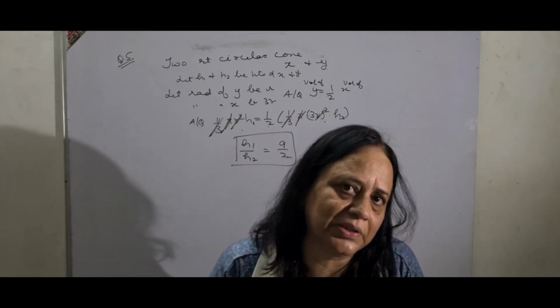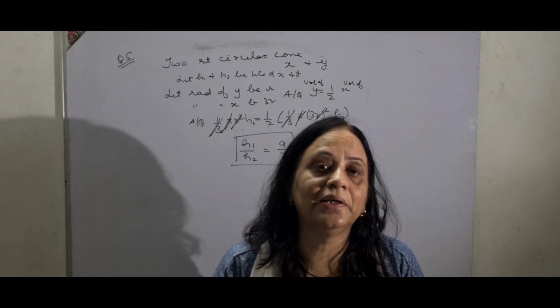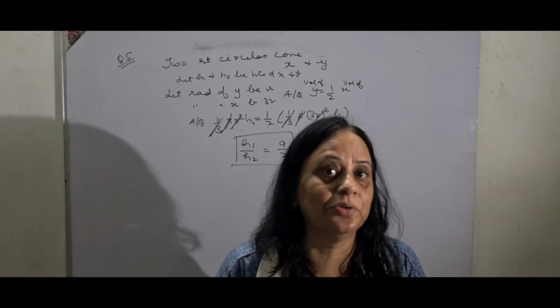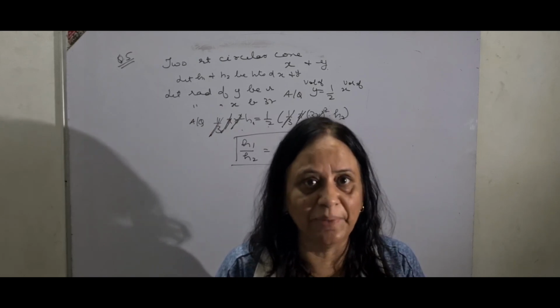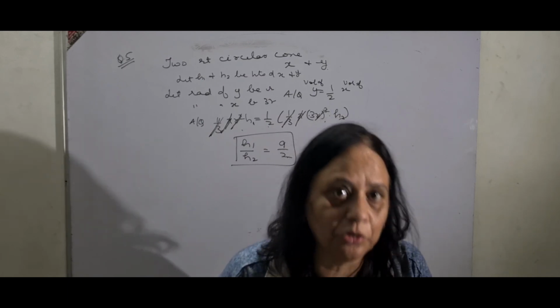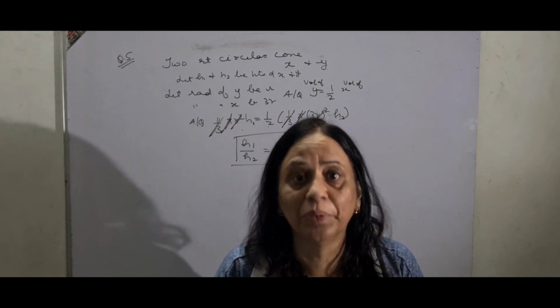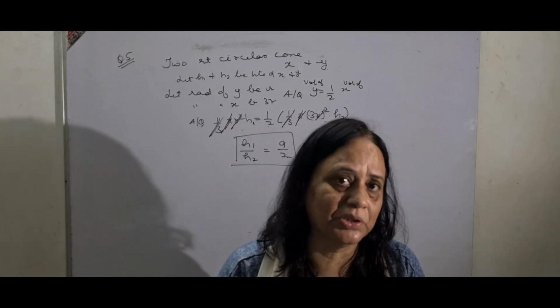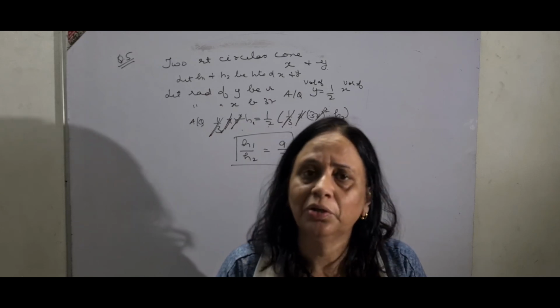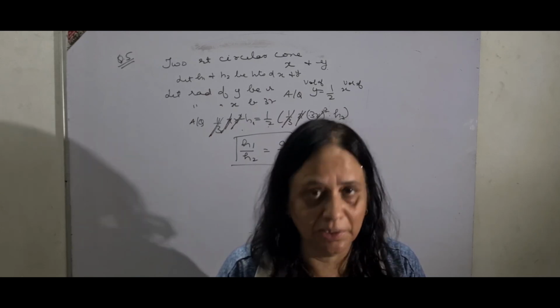You start doing this chapter, and trust me children, this chapter is very easy, and it is also made easier for you because sphere and hemisphere have been excluded, only cone and cylinder to be covered, but no question related to cone and cylinder to be left. So I will mark the questions of another 2 exercises. Only sphere you are not going to do since it is not mentioned in the syllabus.